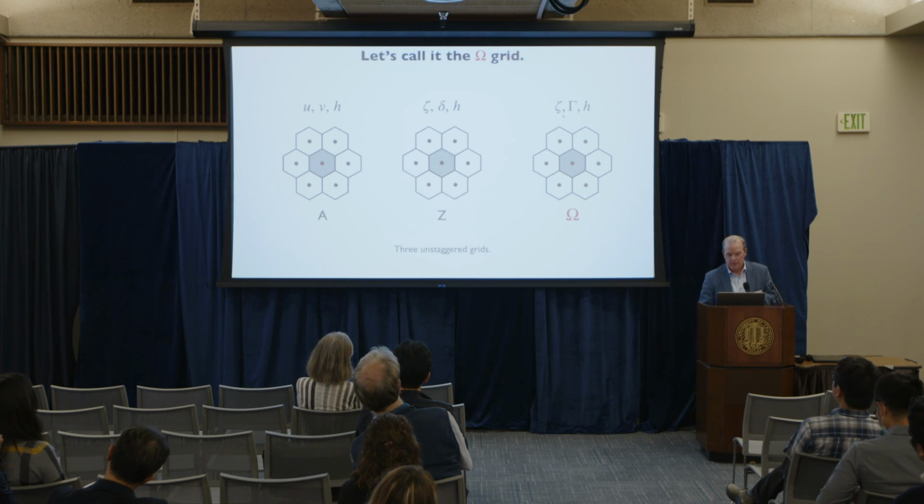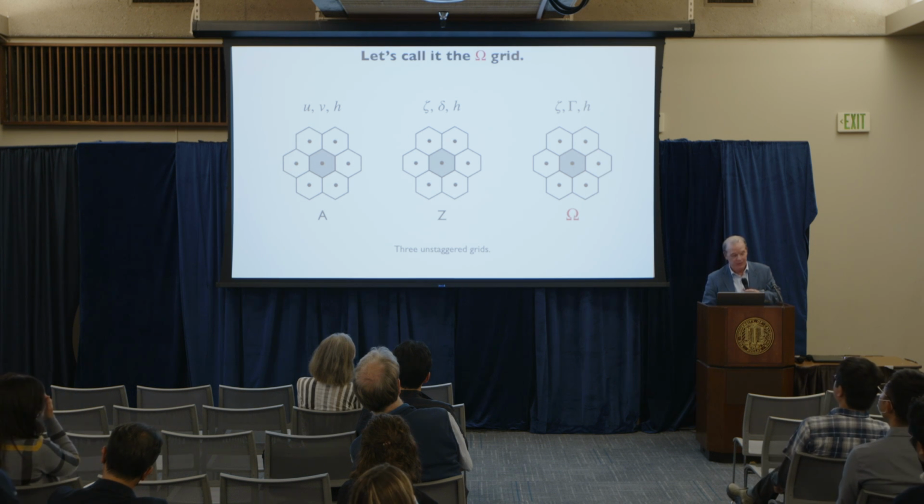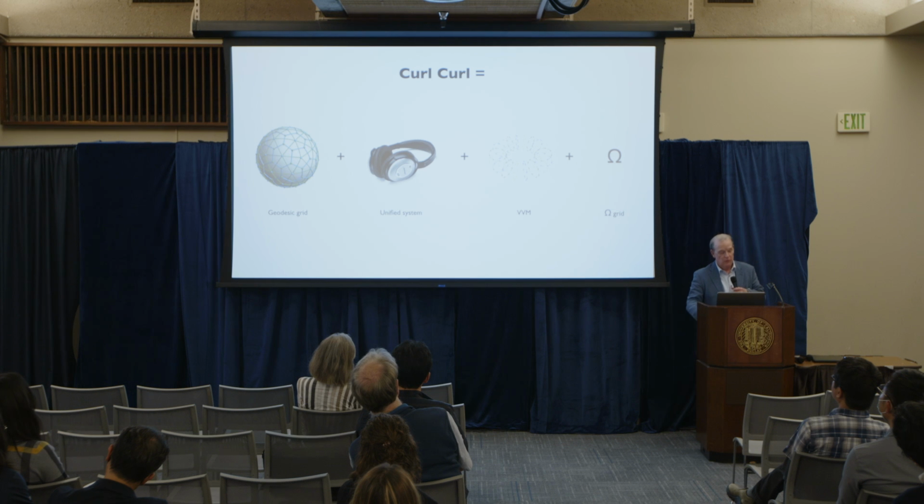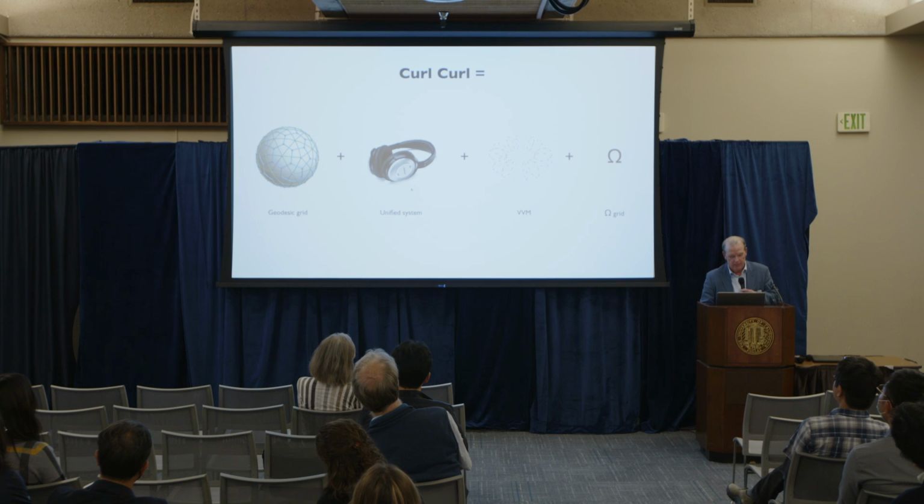Now we have another unstaggered grid with zeta, gamma, and H, all at the center of the cells, and I want to call it the omega grid. Okay. So back to this diagram. CURL uses a geodesic grid, the sound wave filtering unified system, the vector vorticity model, and the omega grid. So that's what this picture means.